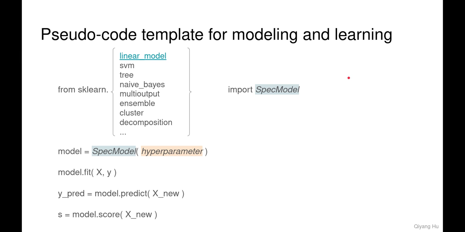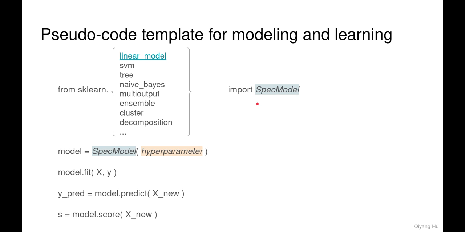For example, they have the linear model module, the support vector machine module, the tree module, and the multi-output, ensemble, cluster, and decomposition modules. To use any specific model, we just import one of those modules from Scikit-Learn, and then import the specific model name.